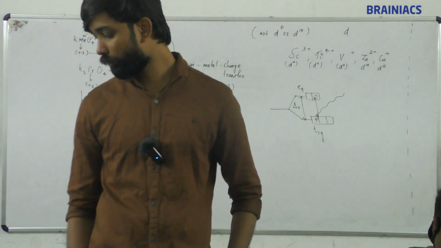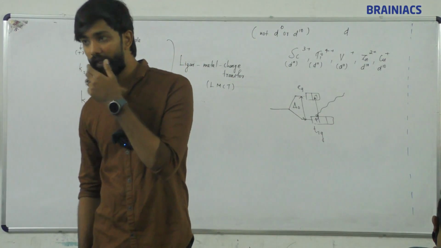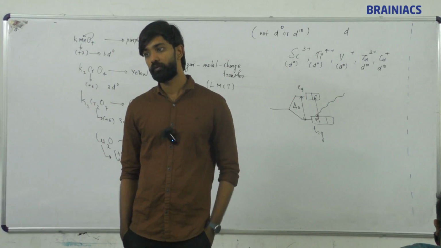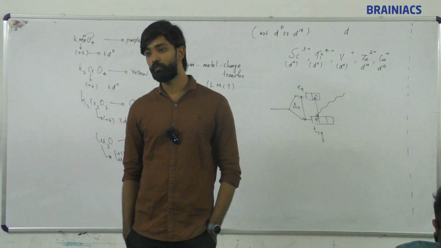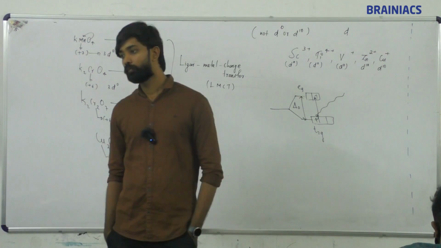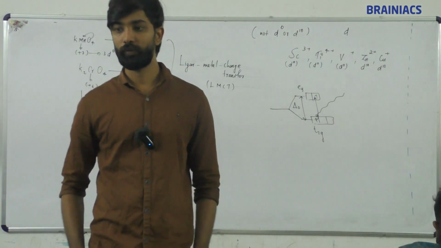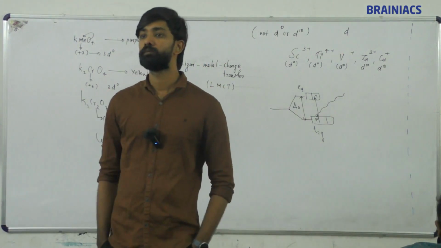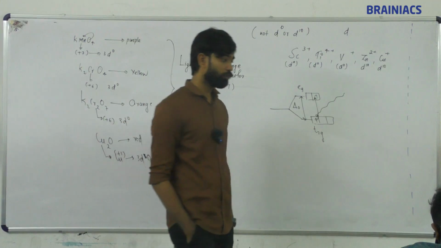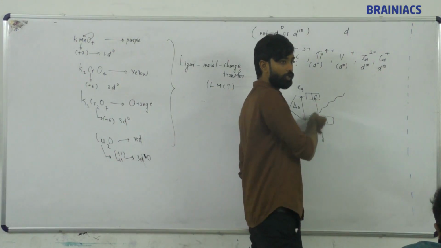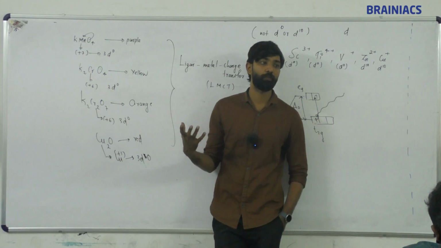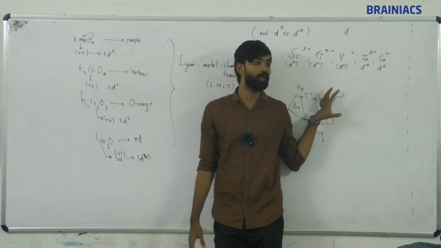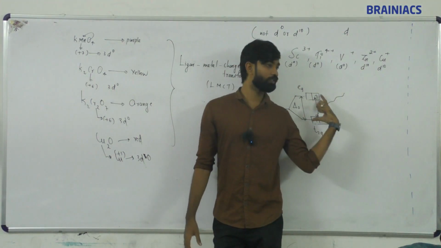The electron can be excited from a lower d orbital to a higher d orbital by absorbing a particular energy from the visible spectrum. The energy from the visible spectrum is enough for this transition, because this energy difference is relatively low.